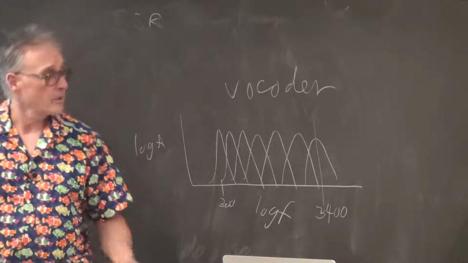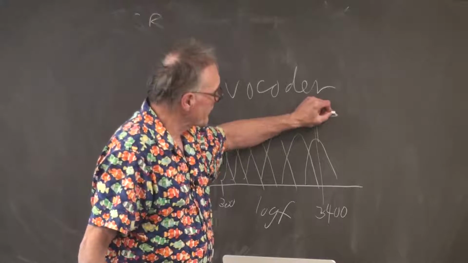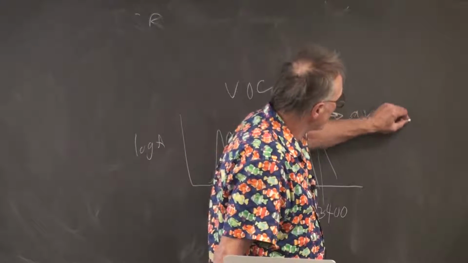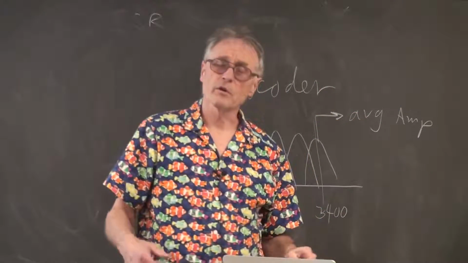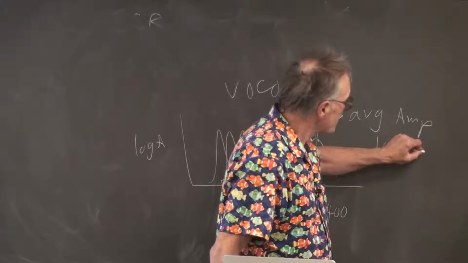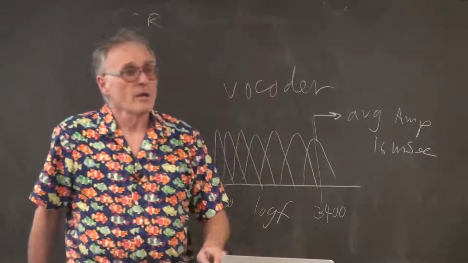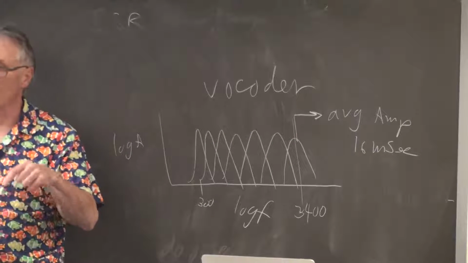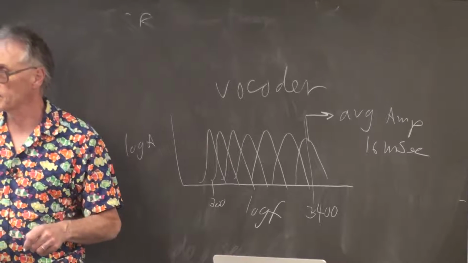So what you do is you take the output of each of these filters and take the average amplitude averaged over some time period, let's say 16 milliseconds or so. That's comparable to the fundamental frequency of one voice cycle.